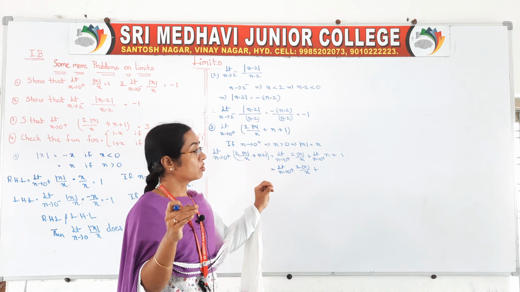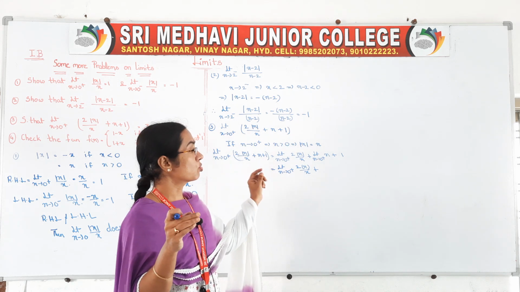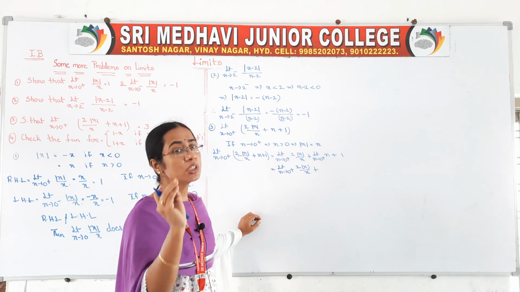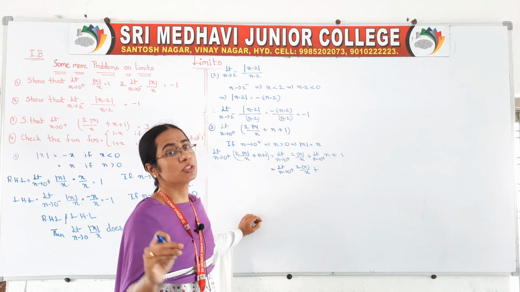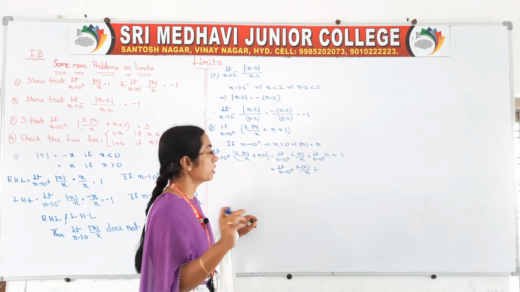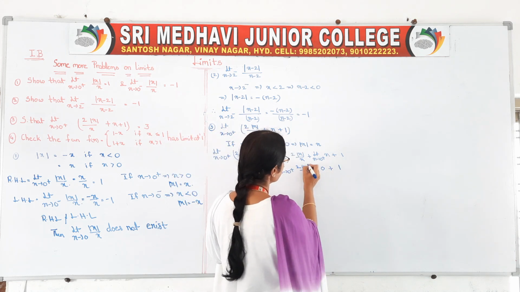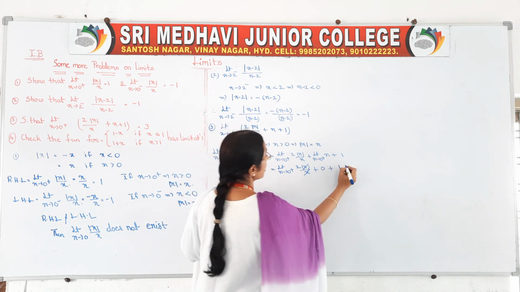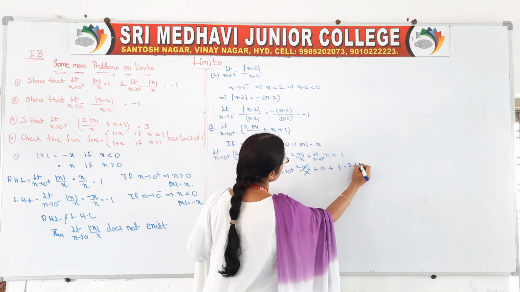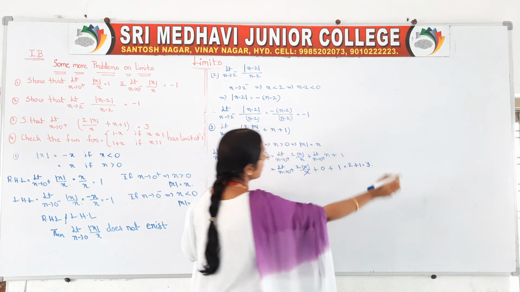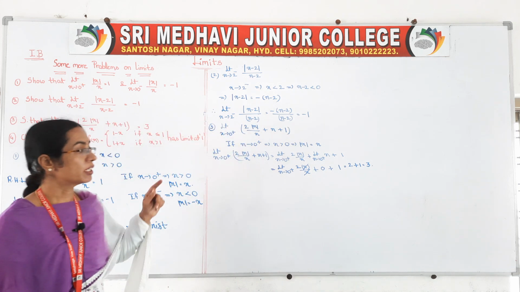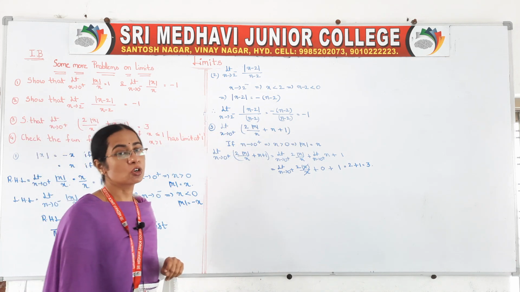So if x tends to 0 plus, we substitute 0 only. 0 minus also, 0 only we have to substitute. 0 plus 1. Here x and x cancel. So it is equal to 2 plus 1, that is 3. Okay, so this is your third question.